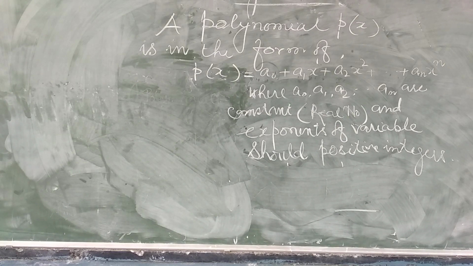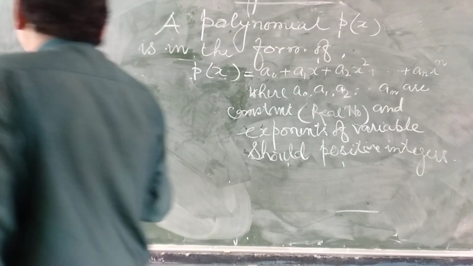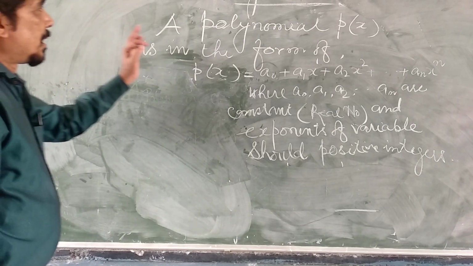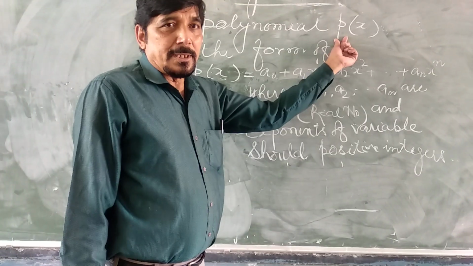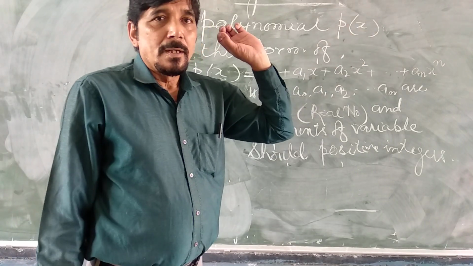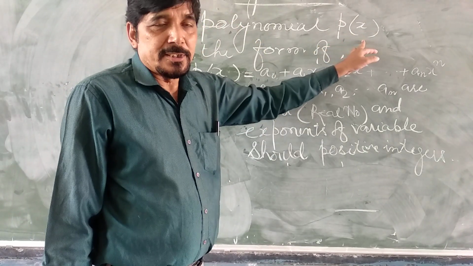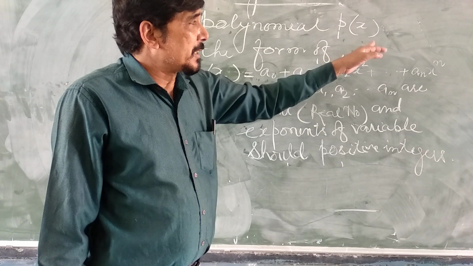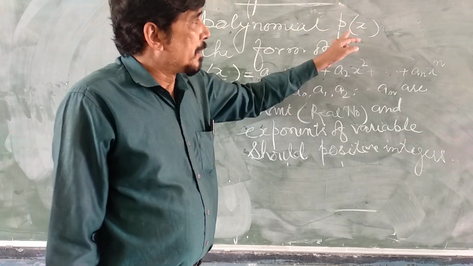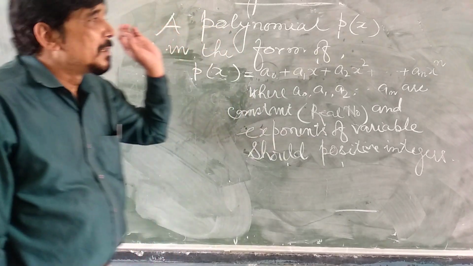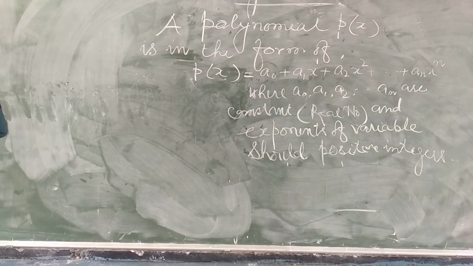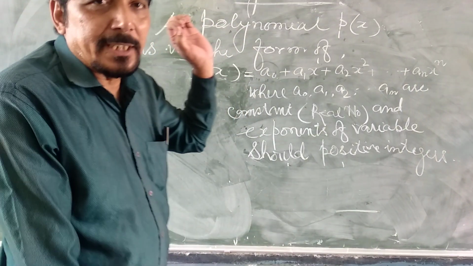Now you can define a polynomial P(x), P for polynomial, x the variable. Polynomial over x means in the expression which is given, the variable should be x everywhere. In each term, the variable should be in the form of x.